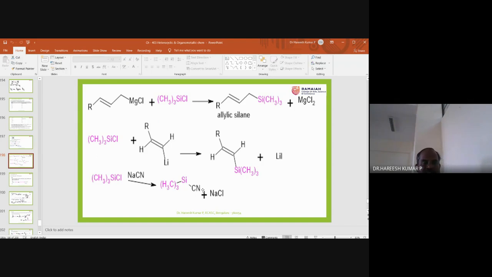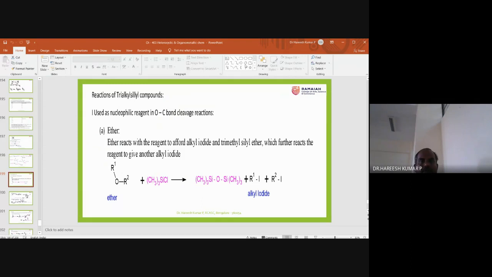So maybe in the next slide, we will look into the reactions. Two types of reactions are possible. One type of reaction is used as a nucleophilic reagent, that means trimethylsilyl compounds used as a nucleophilic reagent in oxygen-carbon bond cleavage.